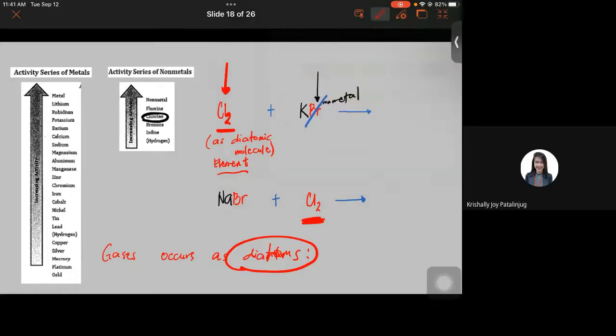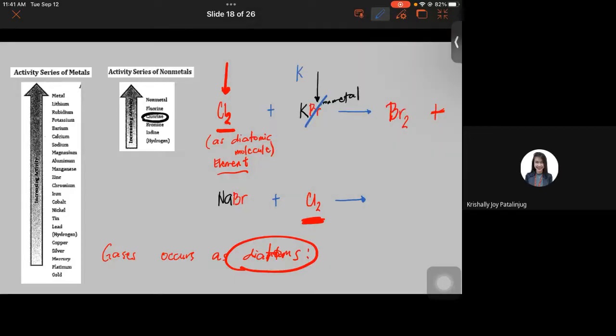Okay? So, in the reaction, yung magiging single element ngayon is yung bromine gas. And again, bromine, di ba, is an example of diatomic molecule. So, lagyan nyo ng subscript of 2. Kasi yan yung stable form ng gases. Okay, plus, what's the other compound? So, extract natin yung ion form.